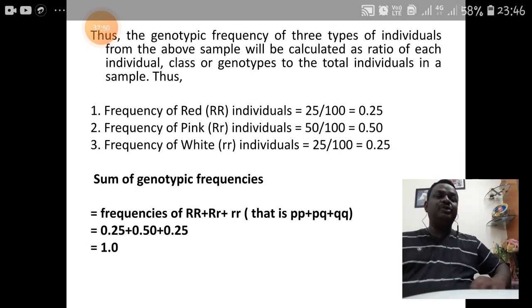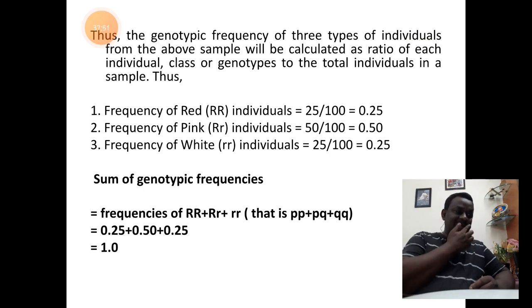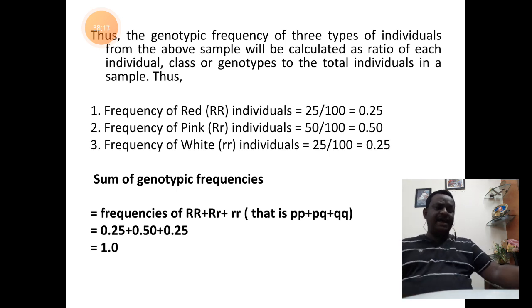So to understand it with an example again. Genotype frequency of red, pink and white flowers. Let us consider again 100 plants. 25 are red flowers with the genotype capital R, capital R. 25 are white flowers with small r, small r.